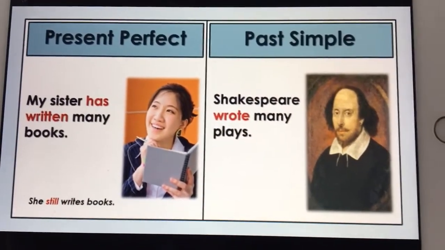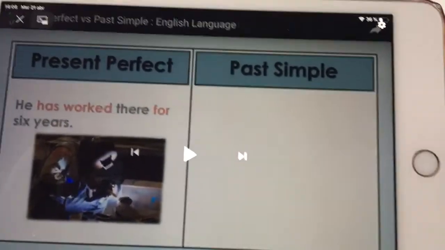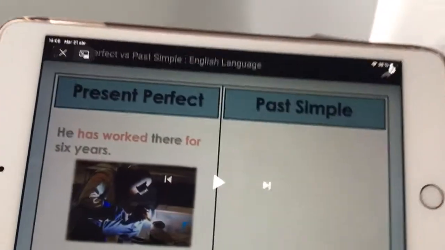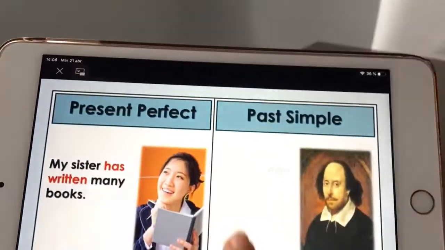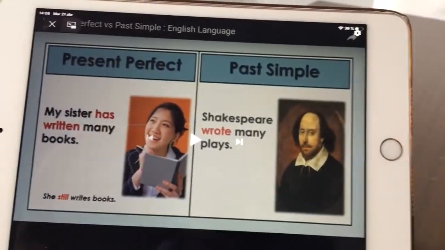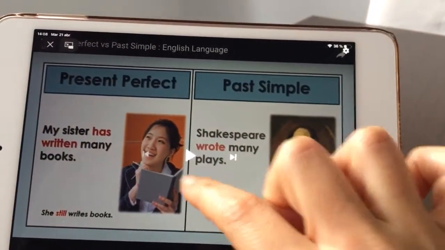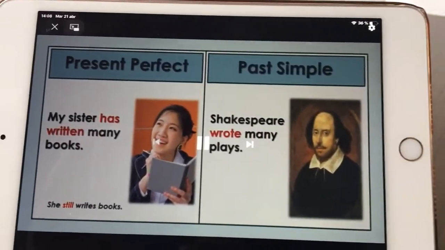Okay, everybody knows that Shakespeare is dead, right? So he's not writing books anymore. That's the main difference, that your sister has written 4 books already, whereas Shakespeare wrote many plays, but not anymore, okay? He's not going to be able to do it again, whereas her sister might write a few books more.